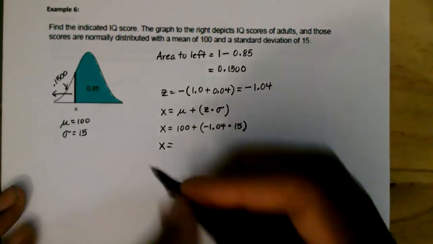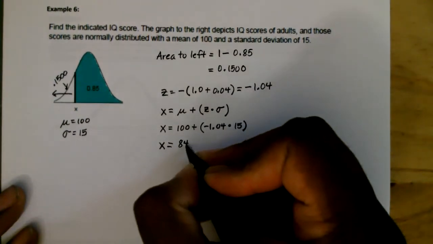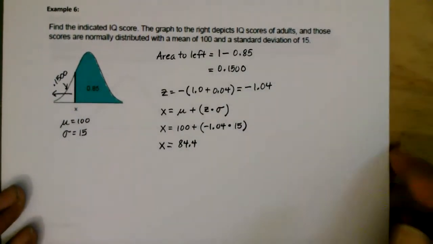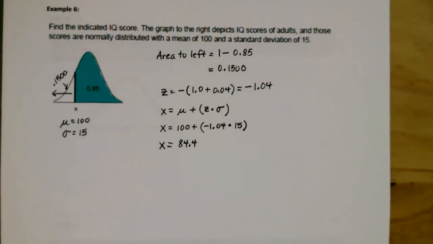That will be 84.4. Now, what that 84.4 means, that is the indicated IQ score that we were looking for. And that separates the bottom 15% from the top 85%.